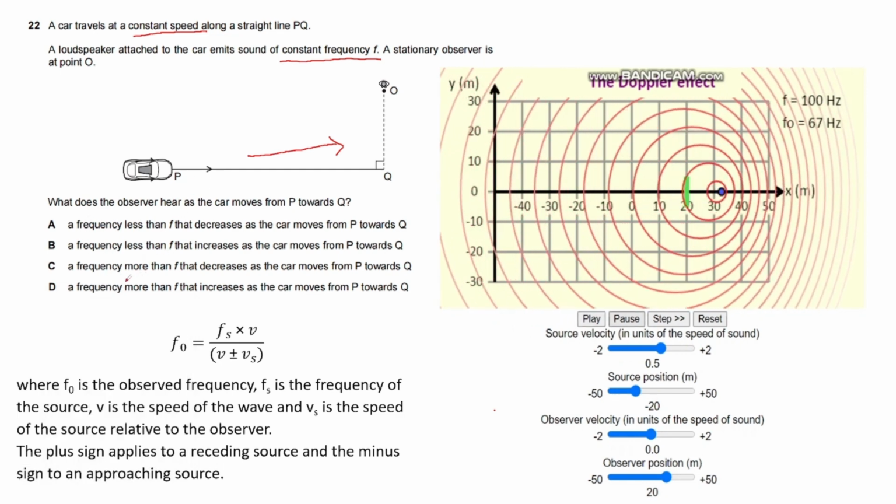So out of these options, option C or D would be the answer, because the frequency will be more than F, the constant frequency emitted by the car. But whether it will be decreasing or increasing as it moves from point P to Q, obviously the frequency will be decreasing, right? Then after that it will be receiving only low frequencies, okay? So option C is the correct answer for this question.